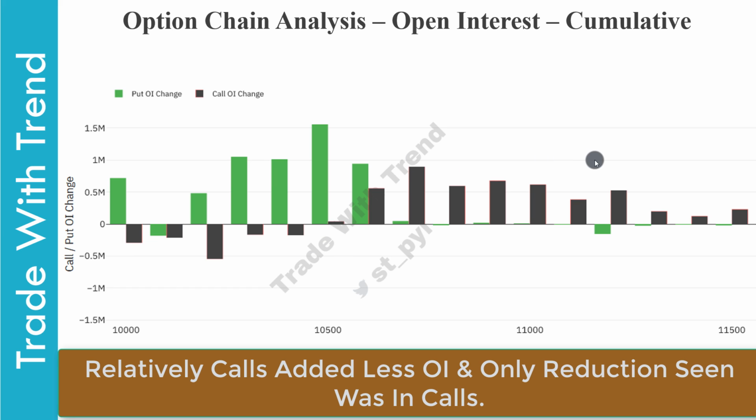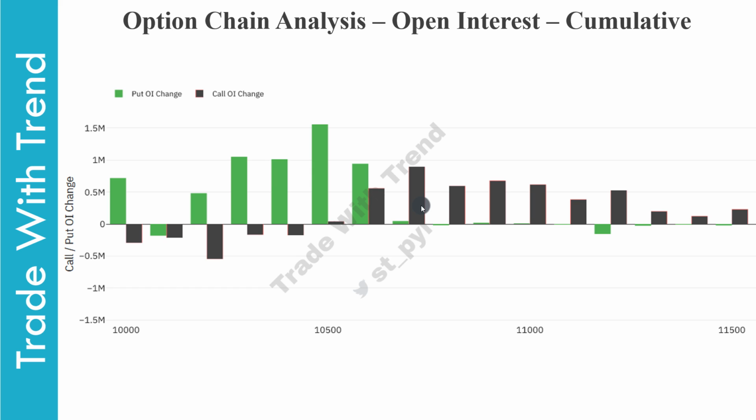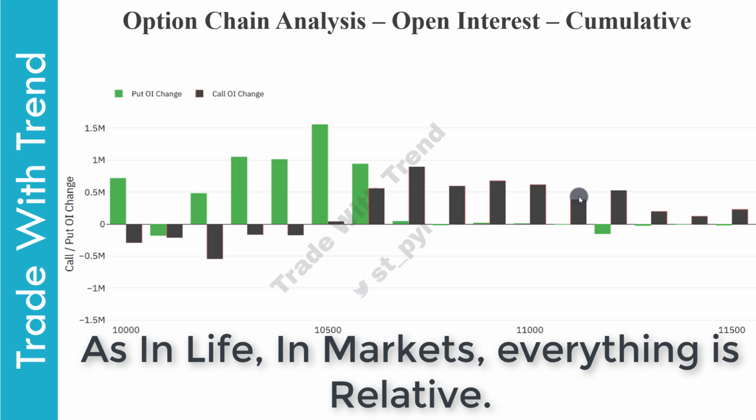The open interest addition that you see here at out of the money strike prices for calls may not be viewed as resistance, mainly because you have to see relatively what puts have done and, compared to puts, what calls have done. I hope now you see how you have to analyze both these data points together.